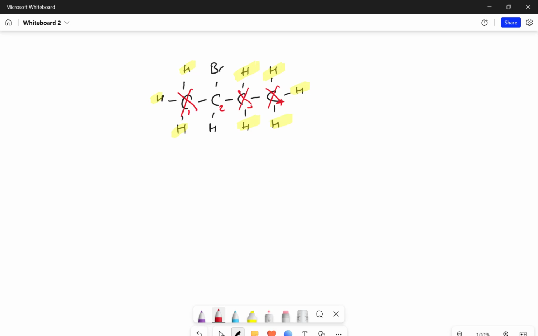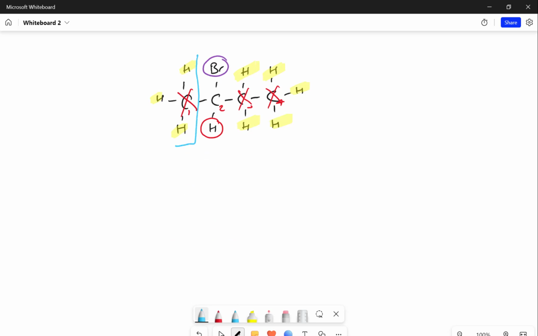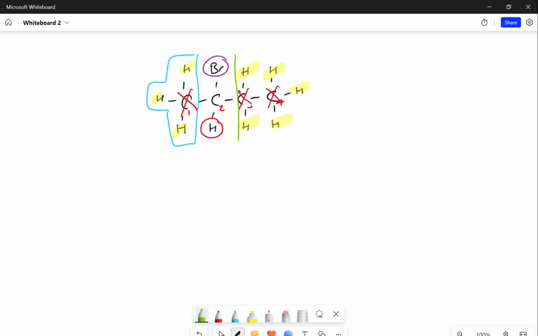Carbon number 2, we have a bromine group. We have a hydrogen. We have a CH3 group. And finally, we have this CH2CH3 group.